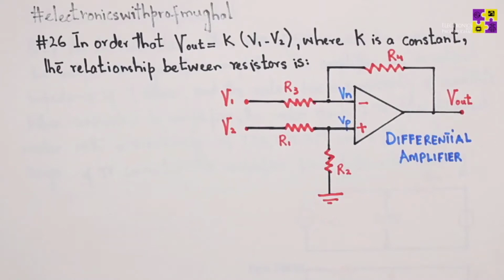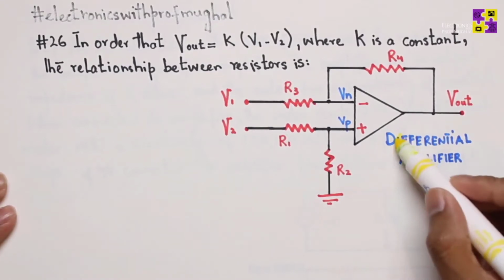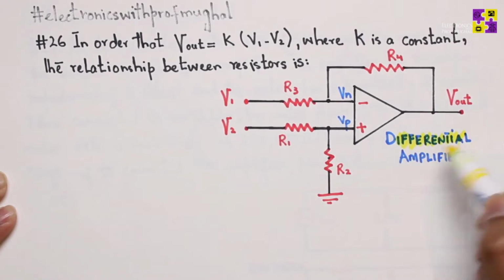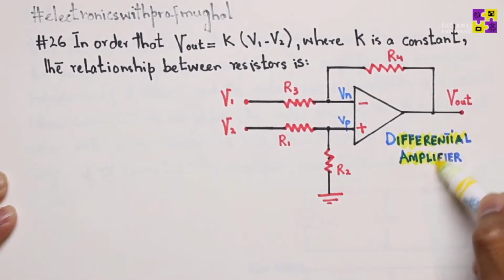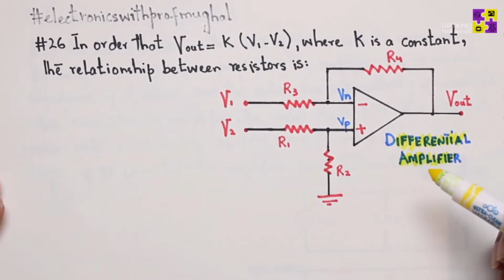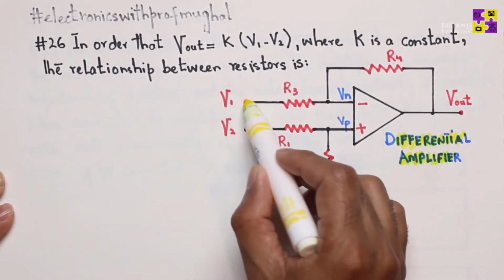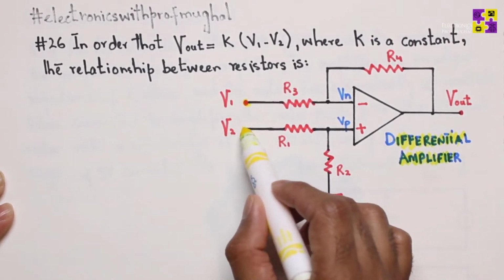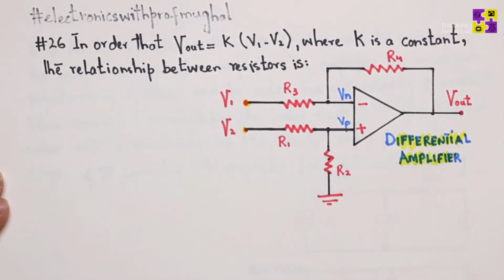Now this is a differential amplifier, and for those of you who are not familiar with an op-amp in this configuration, this circuit is basically going to amplify the voltage difference between the inverting and non-inverting inputs right here. Pretty simple stuff.